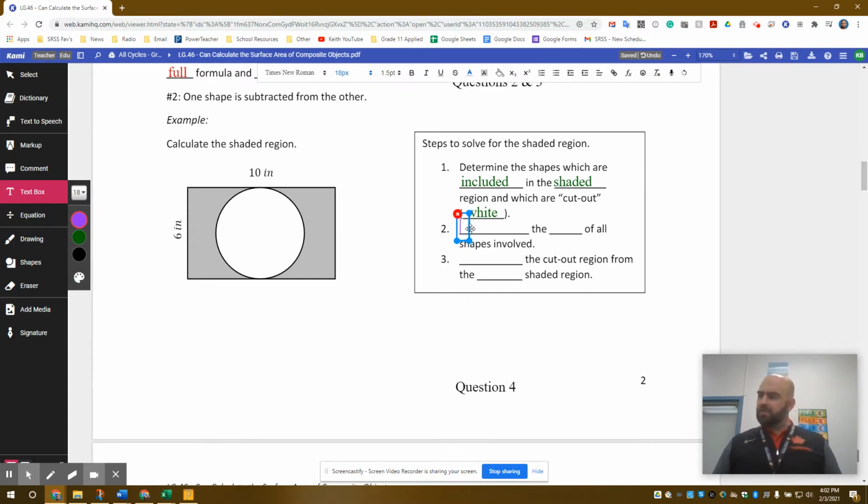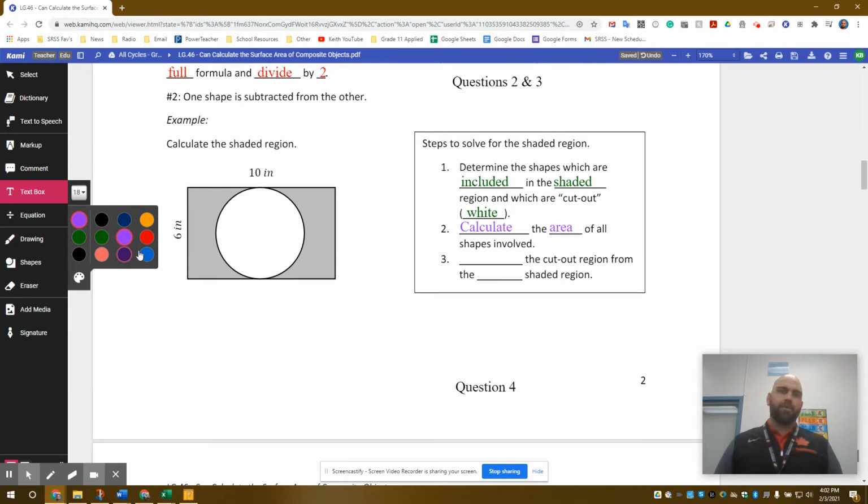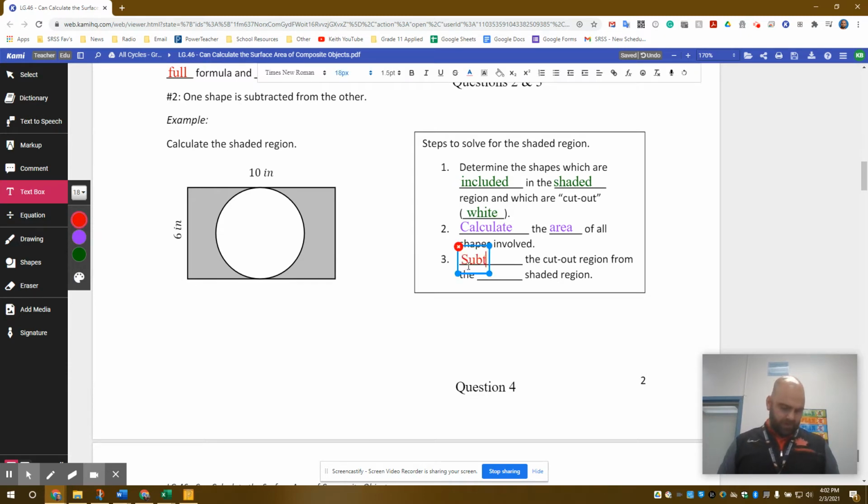The next thing that we need to do is to calculate the area of all the shapes involved. So that includes the shaded region as well as the cutout region. We have to include both of those in there. Finally, we're going to subtract the cutout region from the larger shaded region.